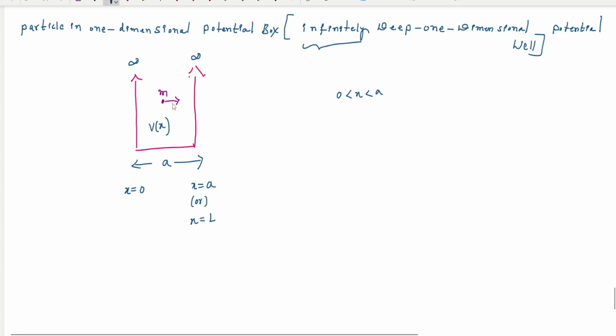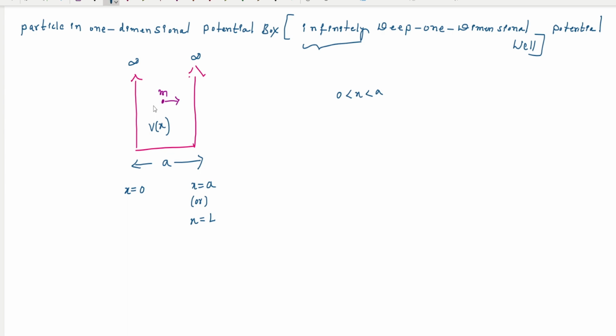When this particle collides with the perfectly rigid walls, there is no loss of energy. This is purely an assumption. There is no loss of energy in the collisions between the particle and this wall and this wall during the motion, so the total energy E of the particle remains constant.